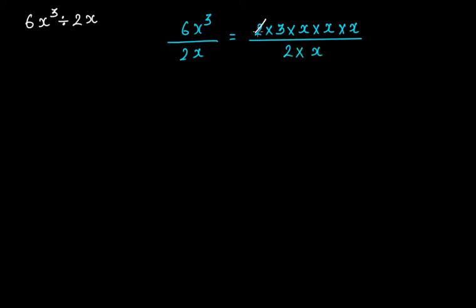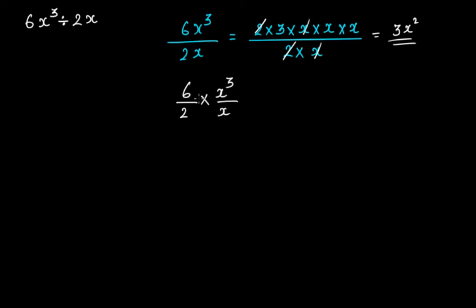Now this 2 gets cancelled, and this x gets cancelled, and you have 3x squared as the answer of the division. Now you can perform this division by using laws of exponents that we have learned earlier. How? 6x cubed and 2x, we can write this as 6 by 2 multiplied by x cubed by x.